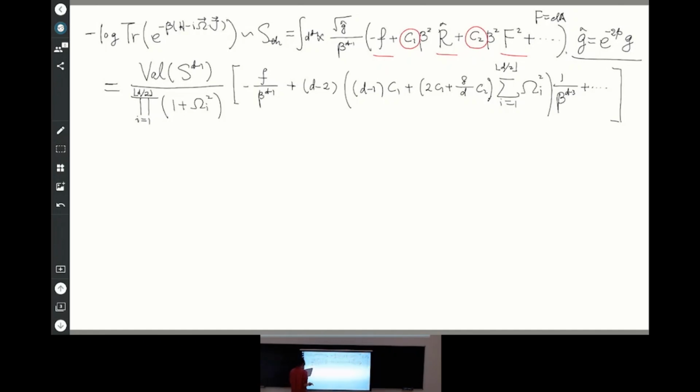Okay, at this point, I want to make a few comments, which is that the thermal effective action is actually very flexible. What does that mean? Suppose I choose some arbitrary d-1 dimensional manifold, let's call it M_{d-1}, which is different from a sphere. I can assign a Hilbert space to this d-1 dimensional manifold.